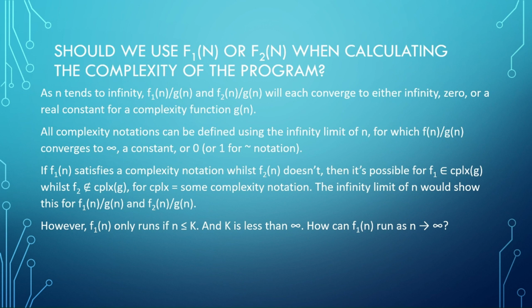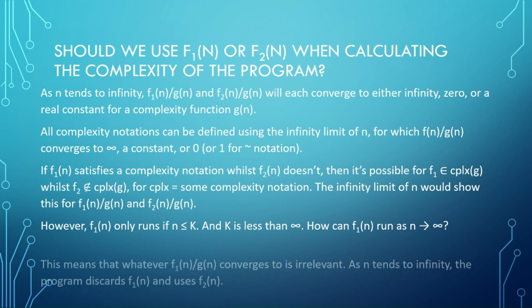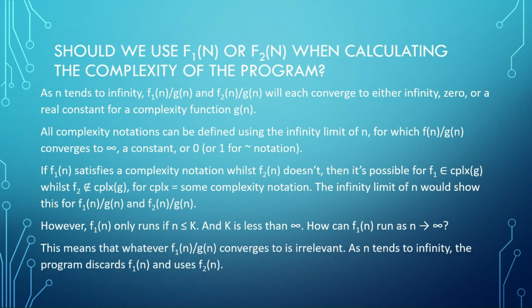We're using infinity limits, but f1 of n can't run as n approaches infinity. This means whatever f1 of n over g of n converges to is irrelevant, theoretically. As n tends to infinity, the program discards f1 of n and uses f2 of n.